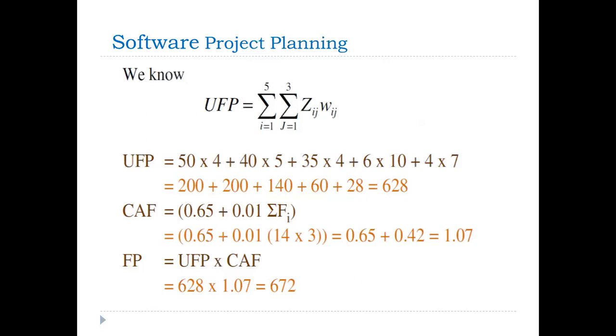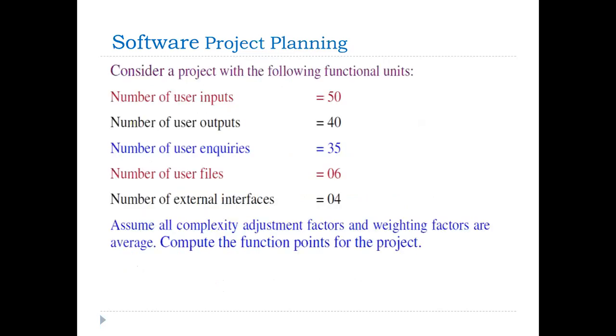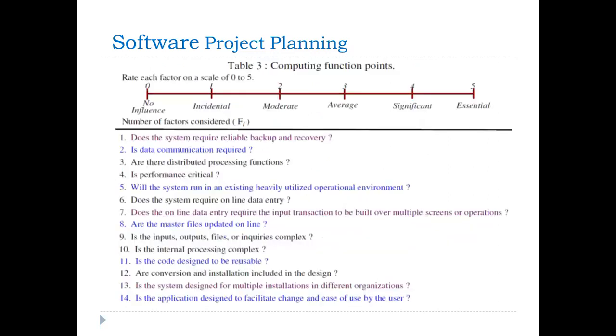After that, the formula is FP equals UFP into CAF. So first we need to calculate the CAF, complexity adjustment factors. The formula is 0.65 plus 0.01 summation of Fi. In the question given, all the complexity adjustment factors are average. So in this scale, you can see the value of average is 3, and there are 14 factors.